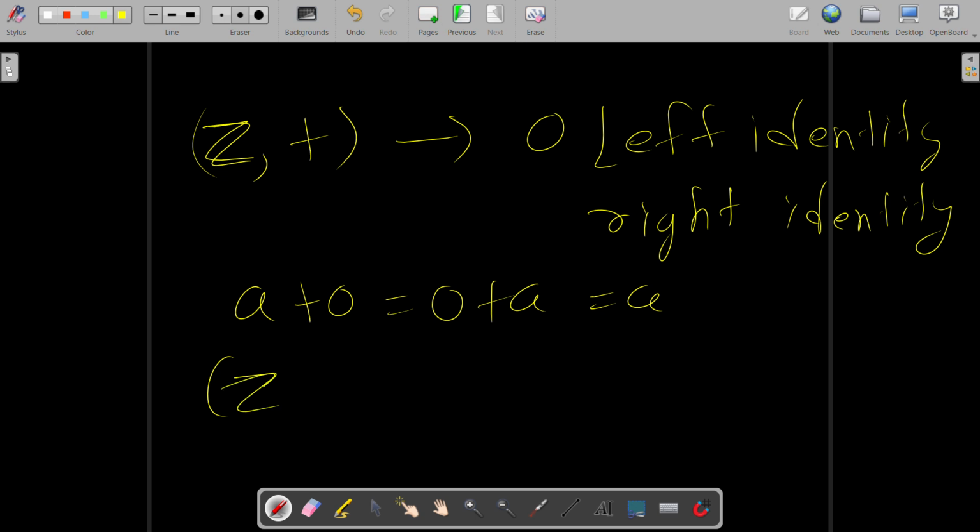Similarly, for Z not zero under the multiplication operation, in this groupoid, 1 is both a left and right identity.